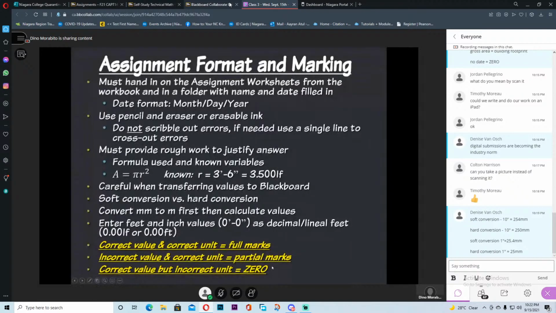And so at that point in time, I'm not going to be able to give you a mark for any of your work. Even though you did the right math, when you put the wrong units on it, you negated the correct work that you just did. Okay, and we'll stick to that pretty tight. And some of you are going to be upset by that, but we're establishing the rules right up front, so you know what's going to happen.